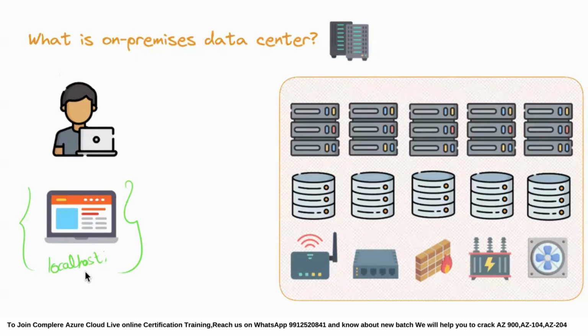Let's say they deployed it over here, using some storage account and some networking services. Users are coming, sending requests, and getting their responses back. Everything is fine as of now.